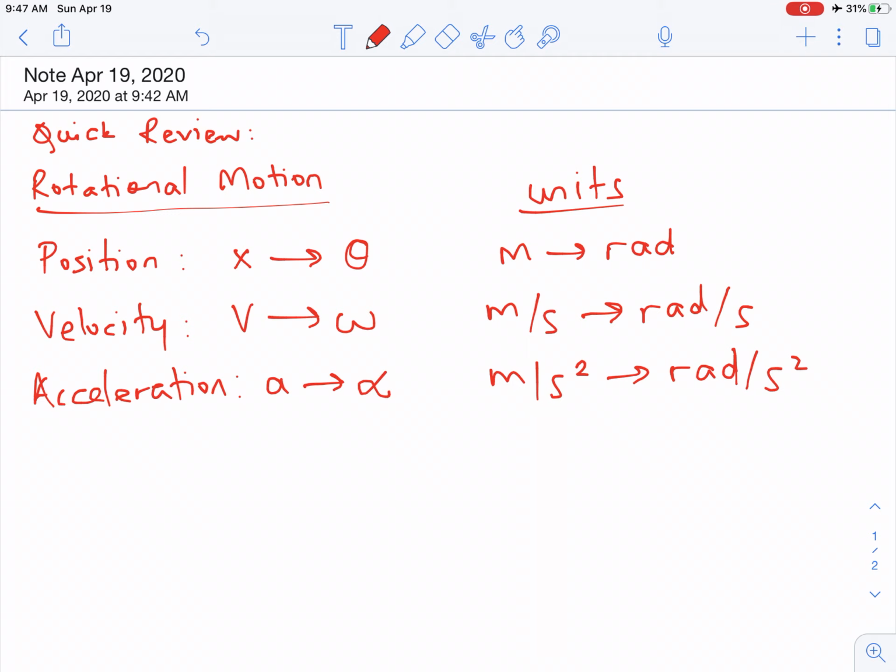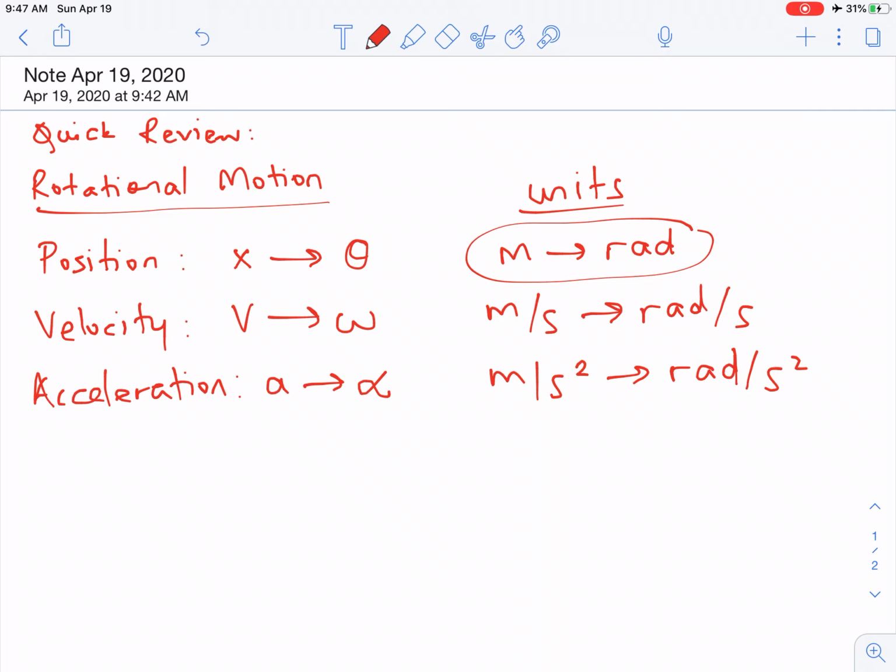So it's very related. If you realize that meters becomes radians in the angular form, you can replace the rest of it. And be careful with the radians, because it may not be given in radians. If it's in degrees or given in revolutions, then you have to convert it to radians.